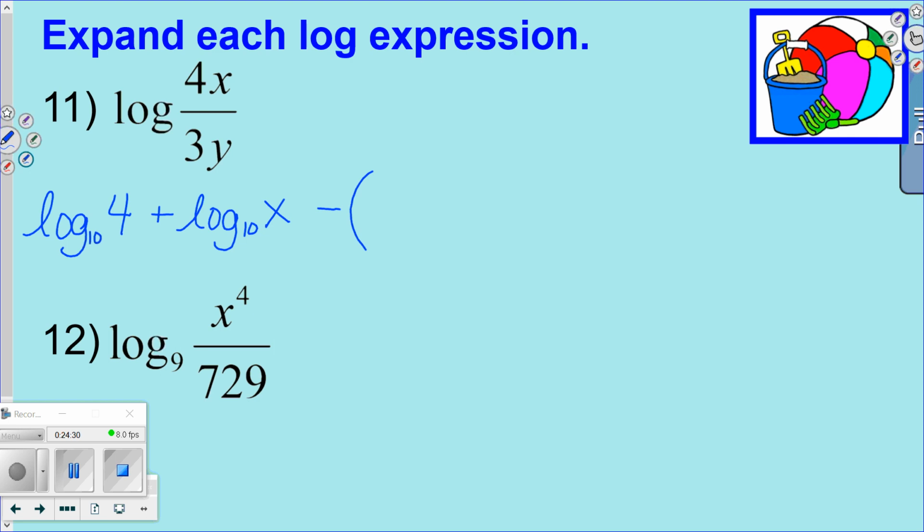Because I'm like, hey, I want this entire piece to be divided. So the whole thing needs to go to the bottom. So you just want to group that after your parentheses so the whole thing goes down. So then you're going to have log base 10 of 3. And then what? Plus log base 10 of y.